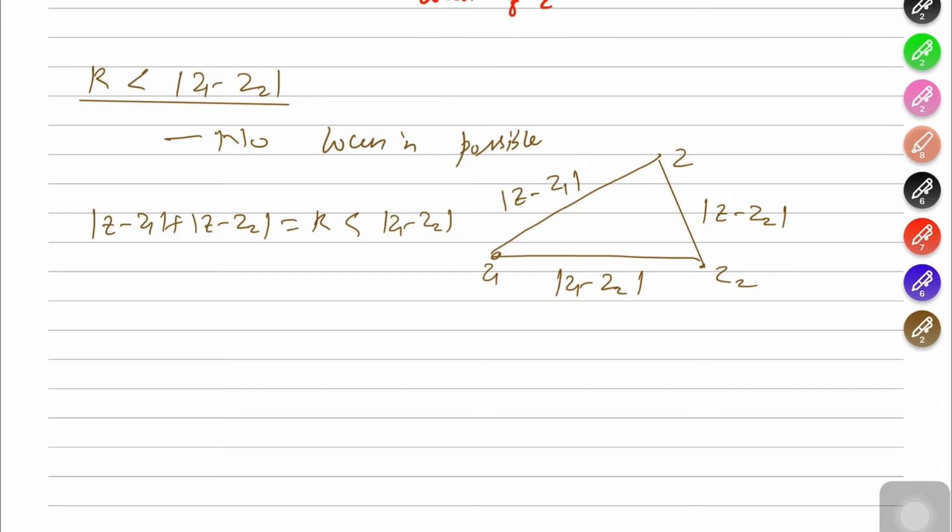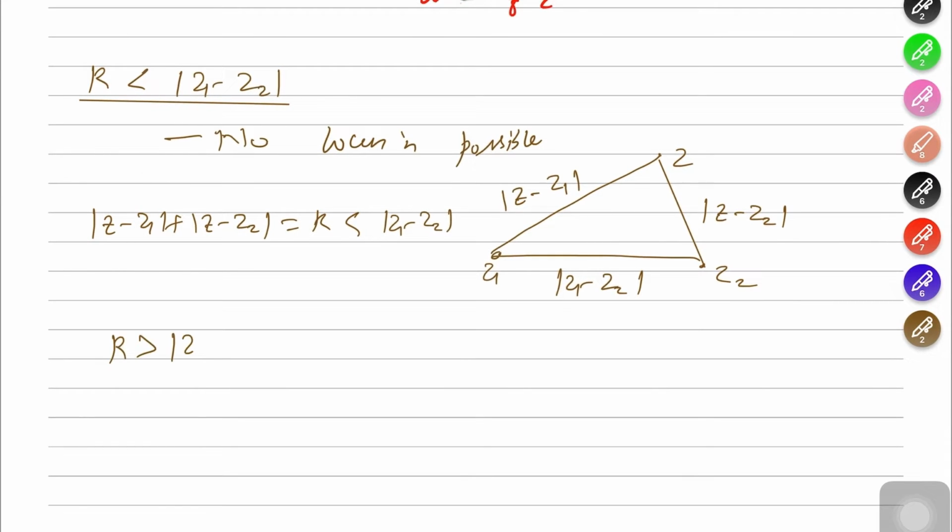Okay, now the next case is, what if K is greater than |Z1 minus Z2|?